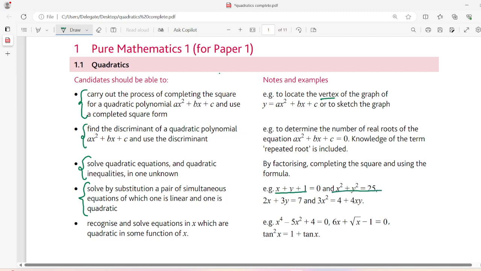Being able to get the point where they intersect is basically solving simultaneously, and then also being able to solve equations which are quadratic in some function of x. For example, this very expression, we can term them complicated quadratic equations. So without wasting time, let's start.